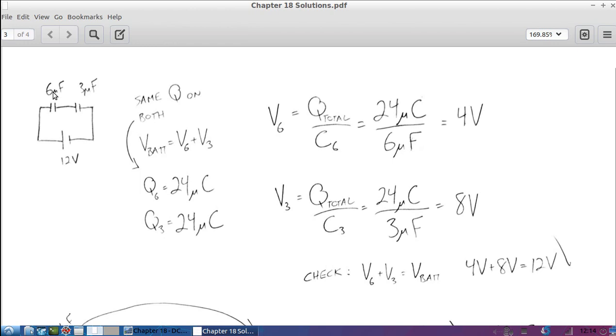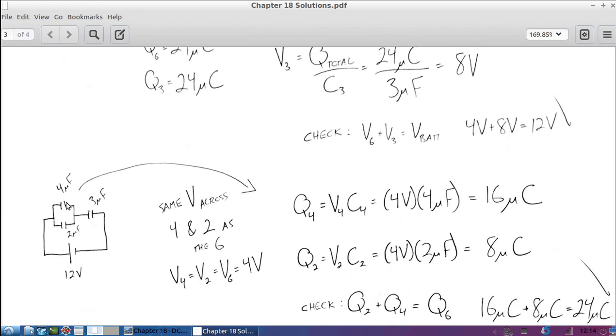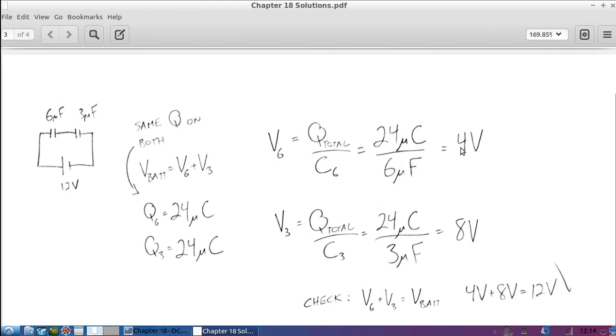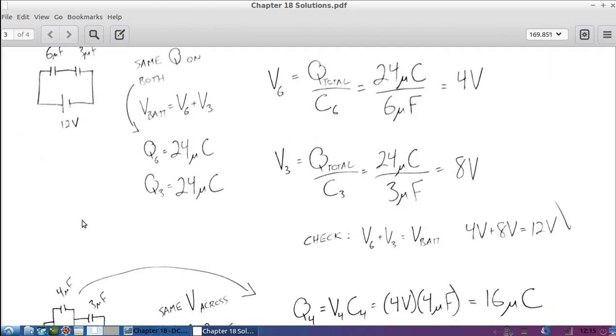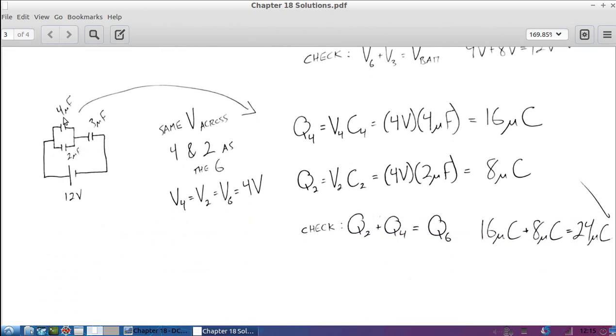And the charge on the 6 microfarad capacitor is 24 microcoulombs. So when I'm dealing with these two capacitors, I'm going to use 4 volts for the voltage and 24 microcoulombs for the charge. They're in parallel, they're going to have the same voltage across them. So that means the voltage across the 4 is equal to the voltage across the 2, which is 4 volts.